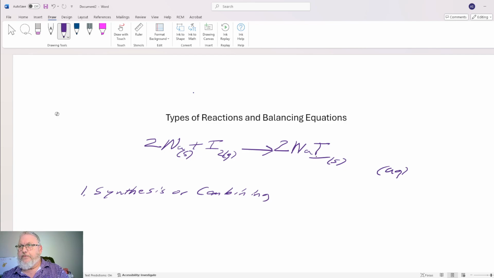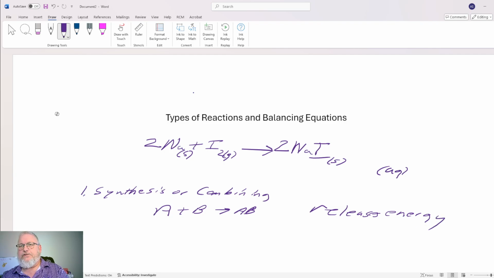They come together and form one. So that's got a form of A plus B yields AB, AB being a combination of those 2 components. Now, when these occur, you're going to release energy. So when you have a combination, most of the time you're going to release energy. Things you need to know.